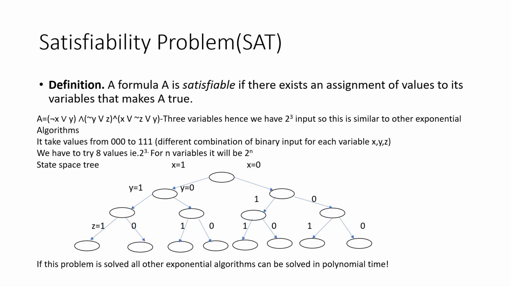If you go across the depth, the first leaf takes the values x is equal to 1, y is equal to 1, and z is equal to 1. The second leaf represents x is equal to 1, y is equal to 1, and z is equal to 0, right? Similarly, you can understand the entire state space tree. This depicts the similar situation of our other exponential algorithms. That's why I have taken this satisfiability problem as my base case. So can you understand till now?